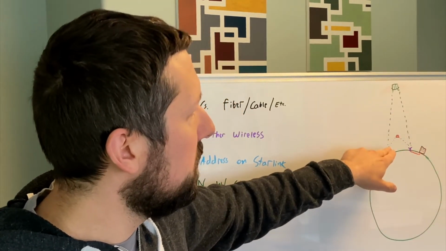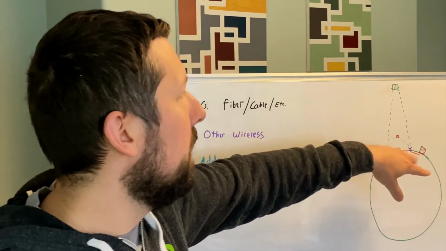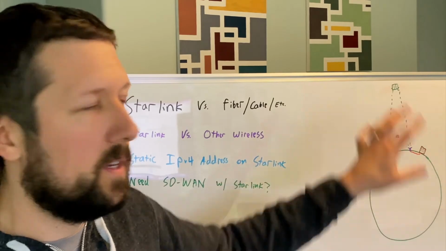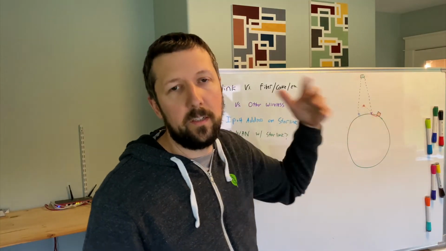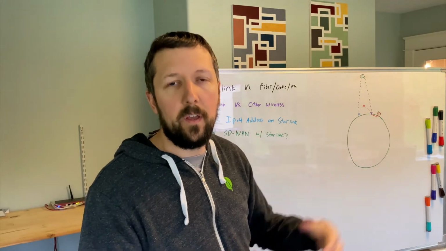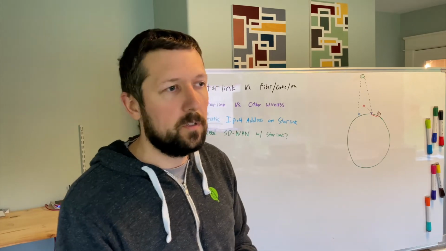Whereas the geosynchronous satellite is a much larger distance, and this is not to scale. The difference would be more significant than what you see here. The reason the latency is much lower is because it's taking a much shorter path geographically. The time of flight of the RF signals is reduced.